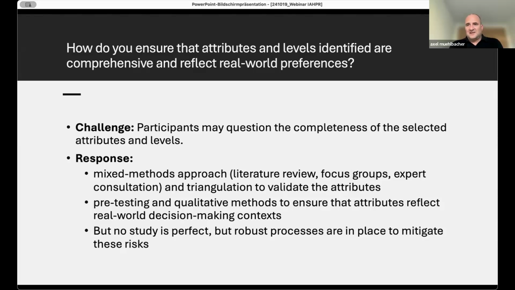And often being confronted with these people half a year later or a year later, I found out now they do it totally differently. I think we have to do our best. We have to combine different methods. We have to be clear on how we move forward in order to come up with certain attributes, the lists and attributes and the levels. And then we can maybe validate afterwards once the study's being done, but that would be not addressing the topic we're having right now.